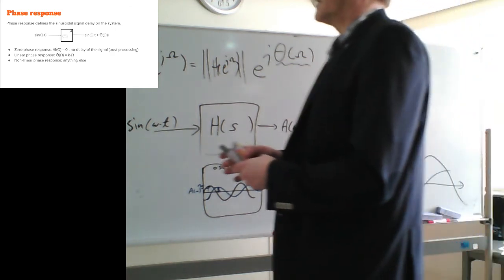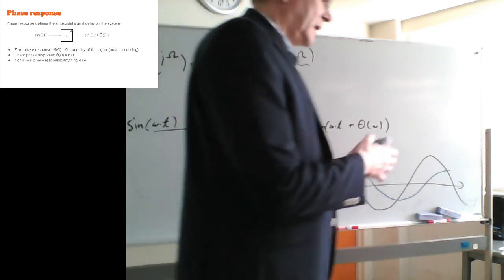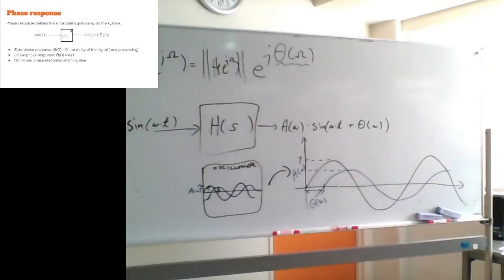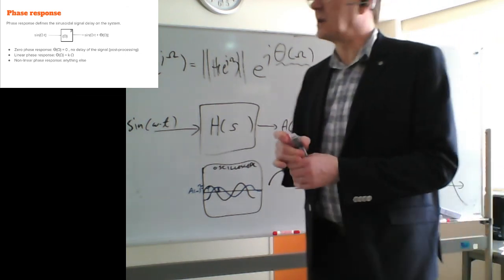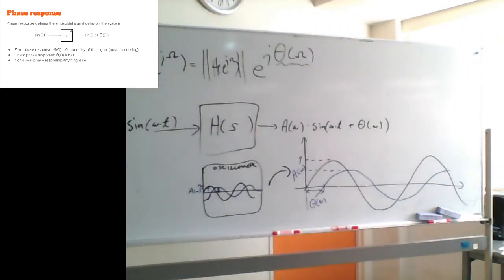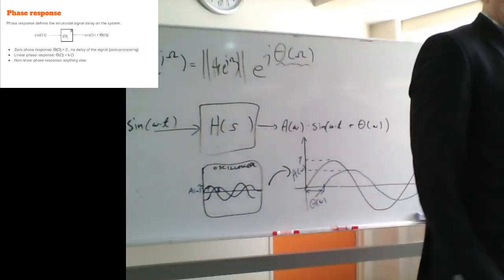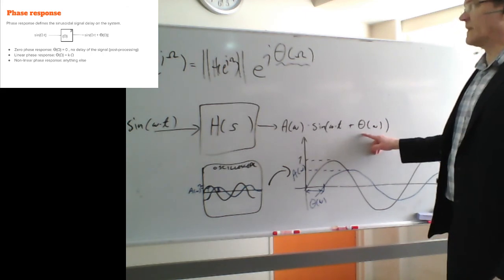There are different phase responses. There actually is also zero phase response. In the digital world, it's possible also to reverse the time, not in real time, but in post-processing of the data, you can actually have zero phase response systems, meaning that this one is 0 at all time.